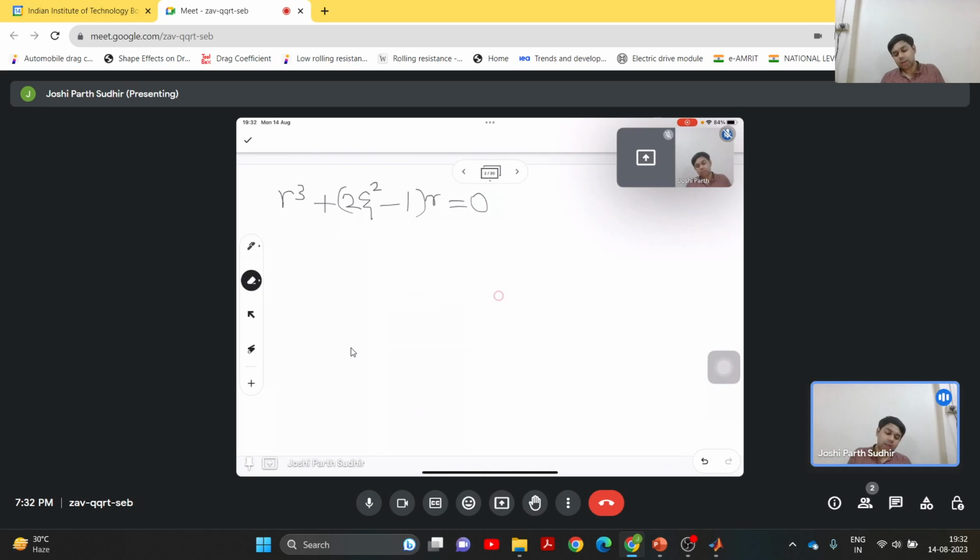So either r is equal to 0 or r is equal to root of 1 minus 2 zeta square.